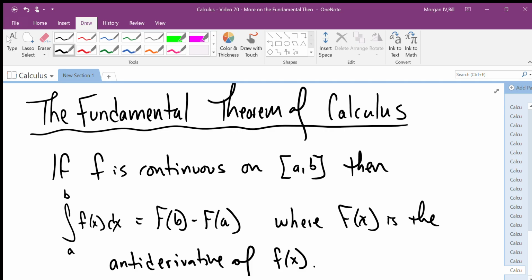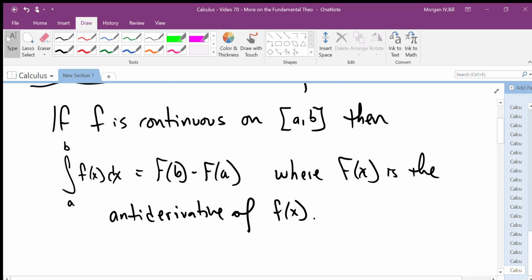Remember, we're using this to find the area under the curve. We have rewritten our limit as the largest subinterval goes to 0 of the sum i equals 1 to n of delta x i f of c i.